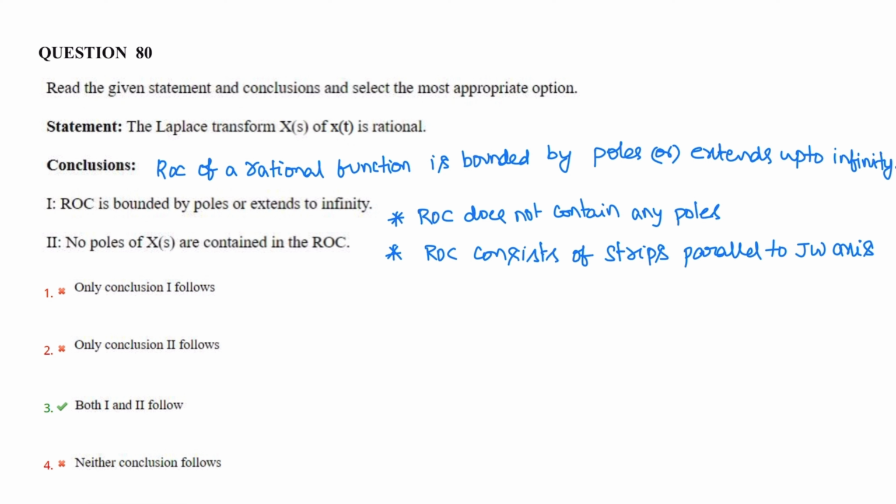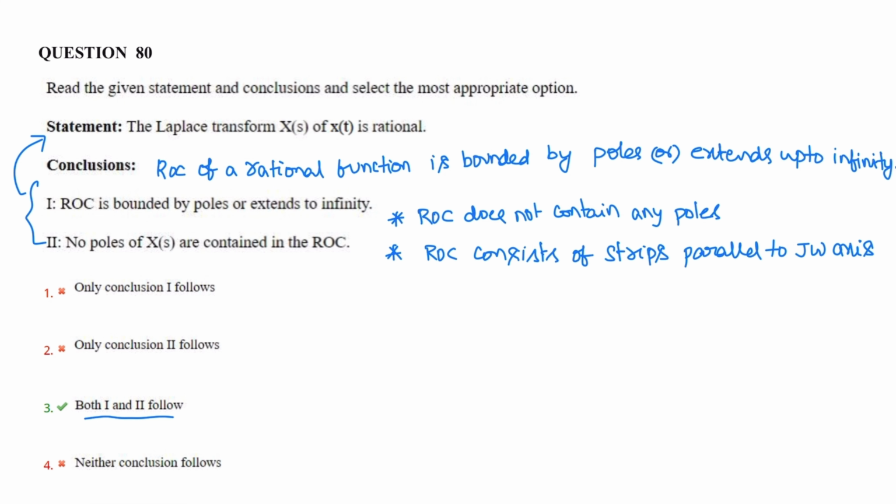Next, no poles of X of s are contained in the ROC. For a rational transfer function, the ROC doesn't contain any poles. For a rational transfer function, the ROC consists of strips parallel to the j omega axis. Both these conclusions follow the statement.